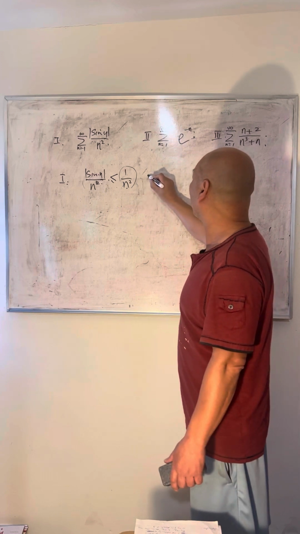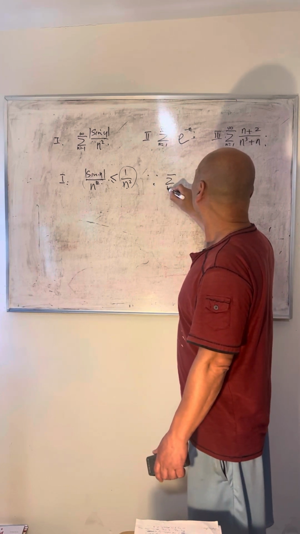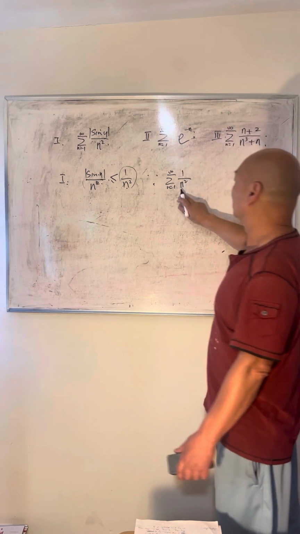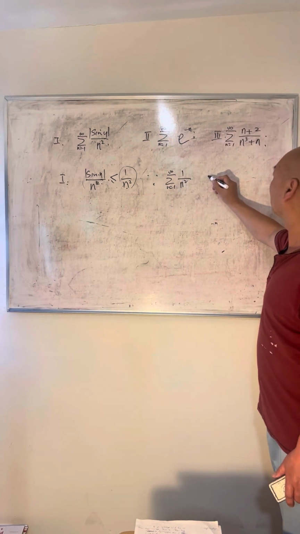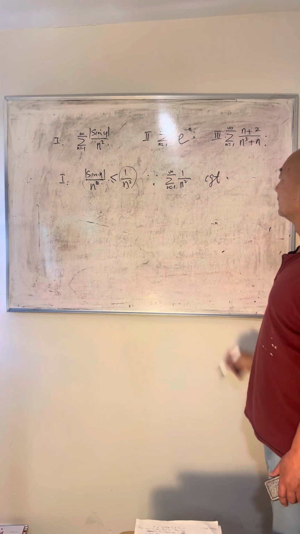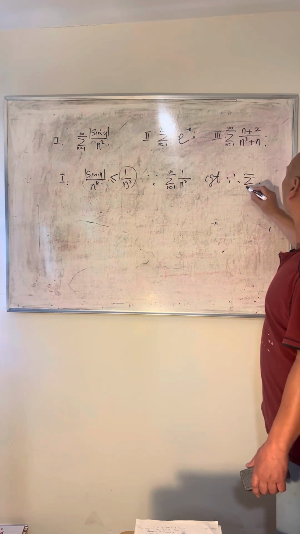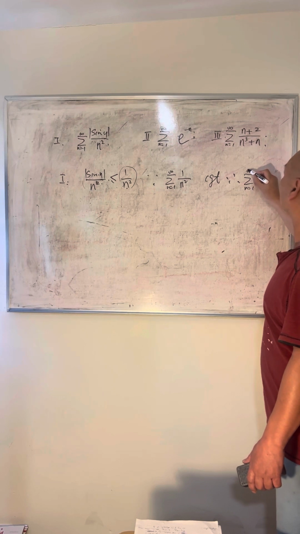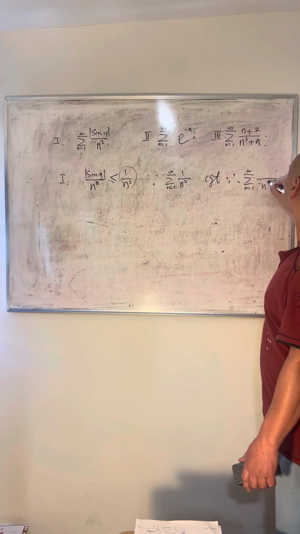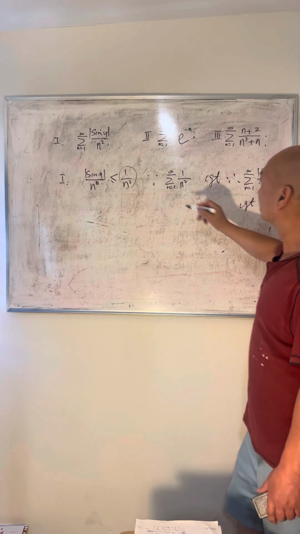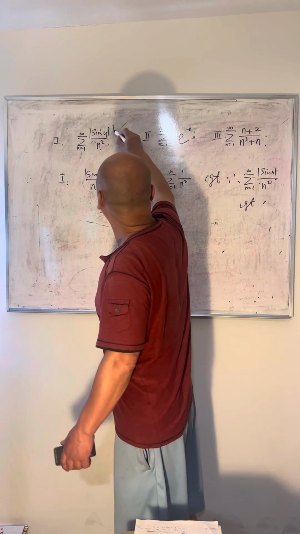Right now we know 1 over n squared is very famous and convergent. So the big one is convergent, so this one is convergent.